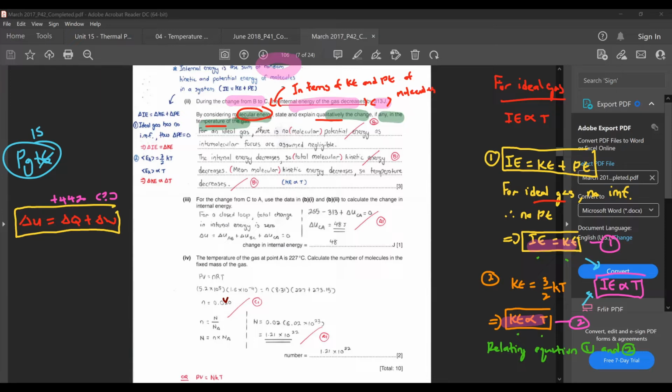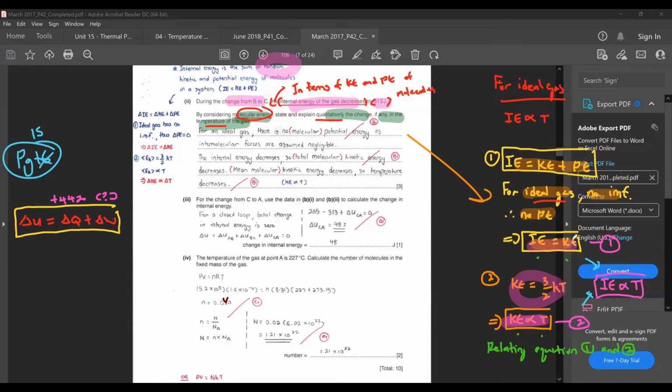The explanation will follow back what we have here. As I mentioned to you, internal energy is KE plus PE of molecules, but for ideal gas, there is no IMF, so no PE. So internal energy is just KE. At the same time, kinetic energy is given by this equation, which you will learn in the next chapter. But just note that KE is proportional to temperature.